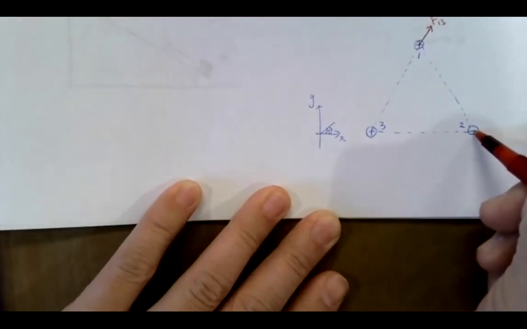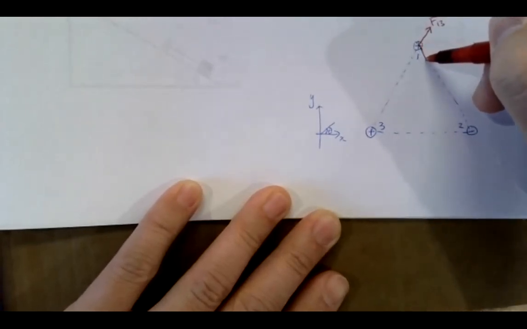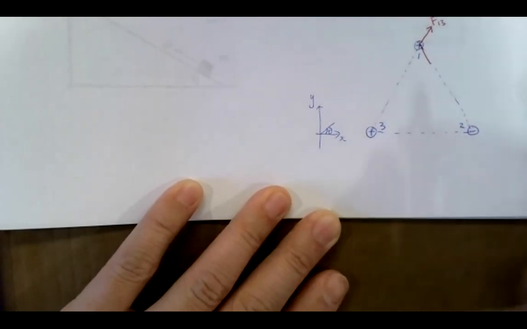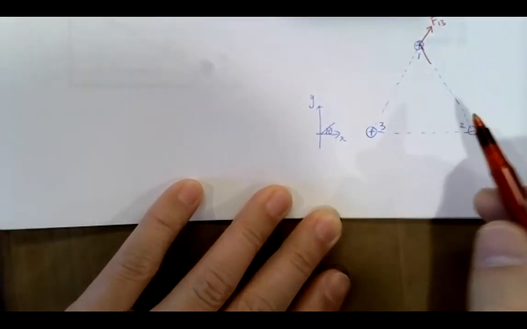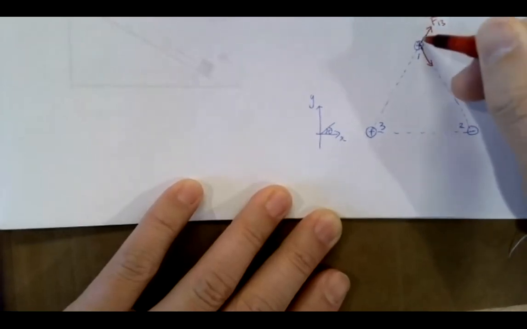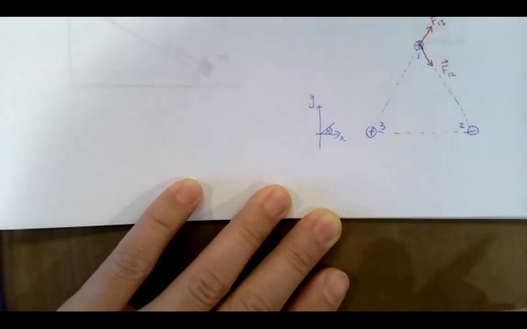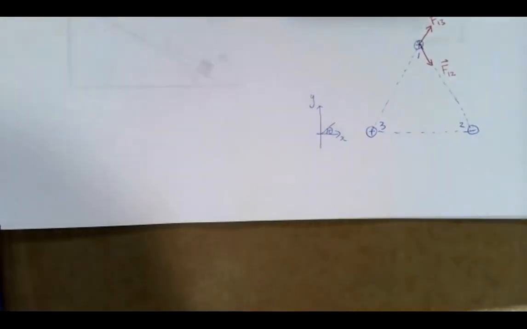Now 2 is negative, so the force by 2 would be attractive and should be pointing towards 2. All three charges have the same magnitude, so the forces should be the same in magnitude. That means they are about the same length. So this would be F on 1 by 2.